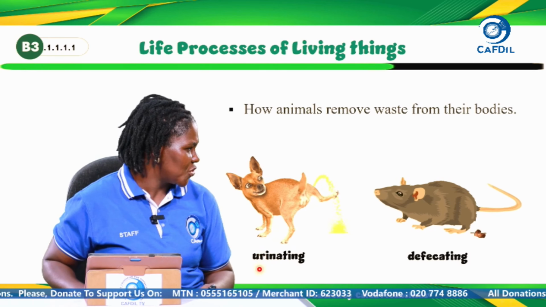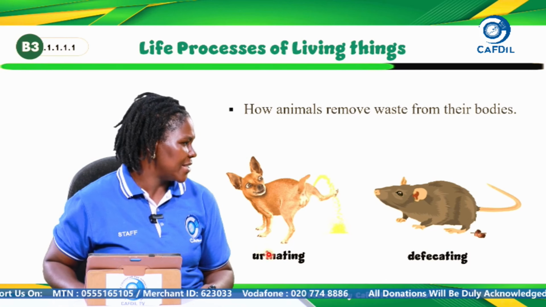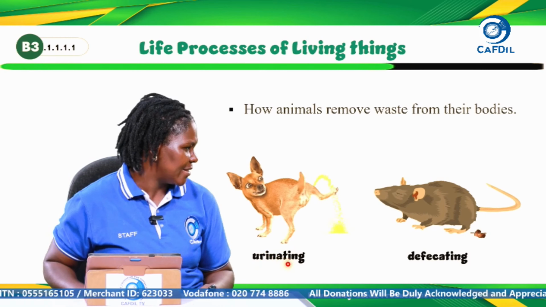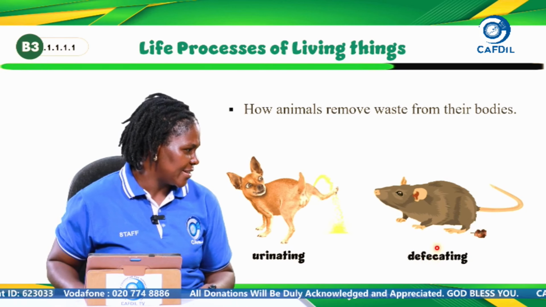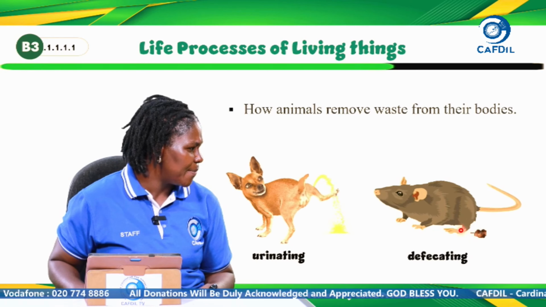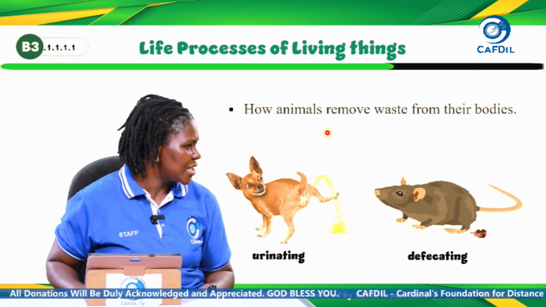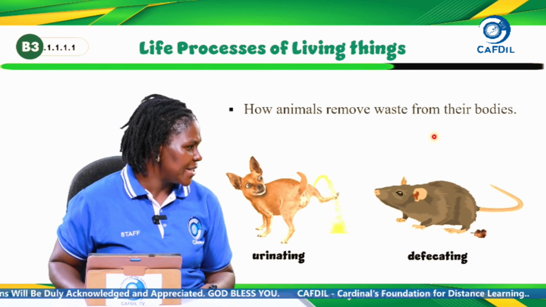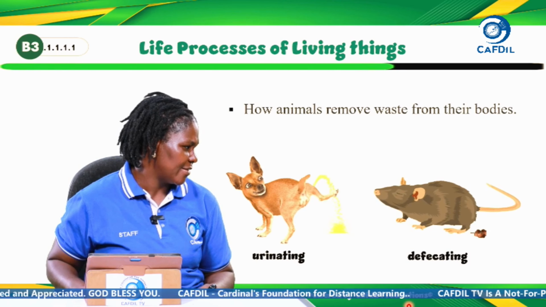And the next one is defecating. The feces is not good for the body, so it should come out. So animals remove waste from their bodies through urinating and defecating. Good.